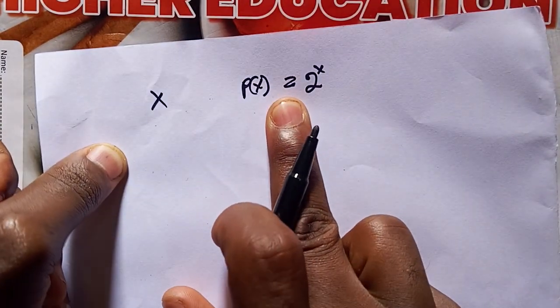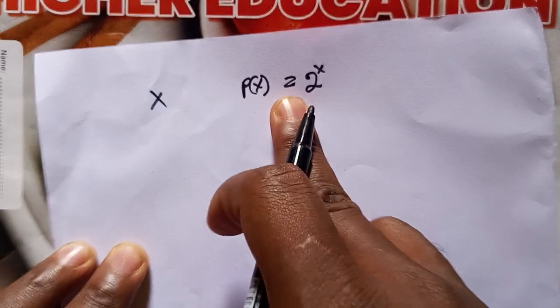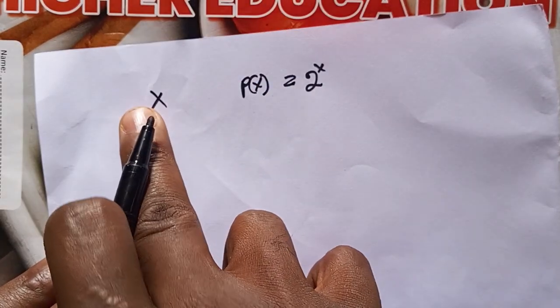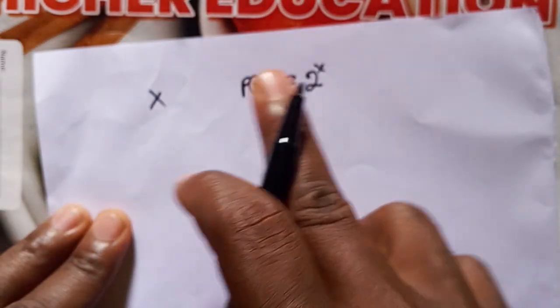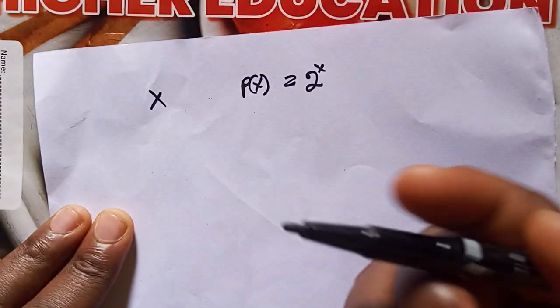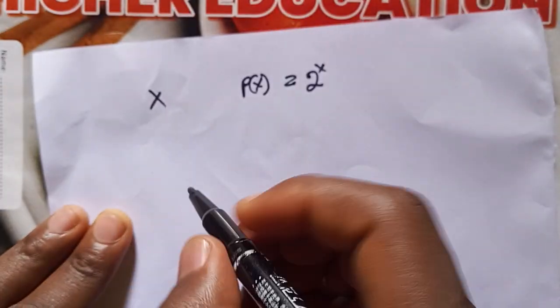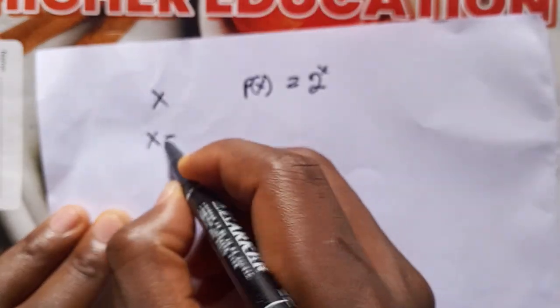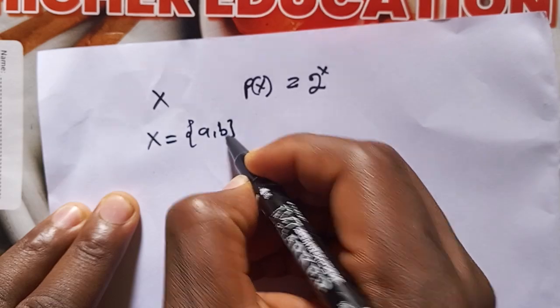Now, a power set is simply the collection of all the possible subsets of the set X. So let's say our set X is the set {A, B}.